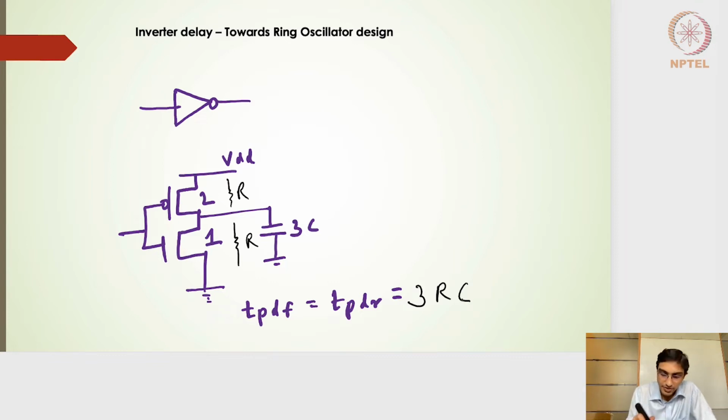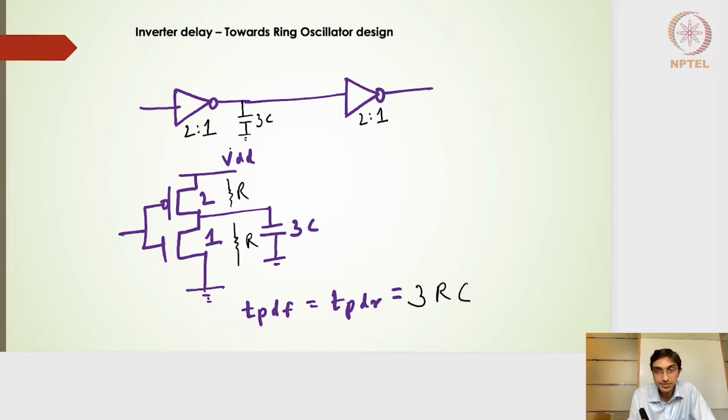Right. So let me use this 2:1 inverter and connect one more 2:1 inverter. If I use one more 2:1 inverter, its own parasitic will be 3C capacitance.